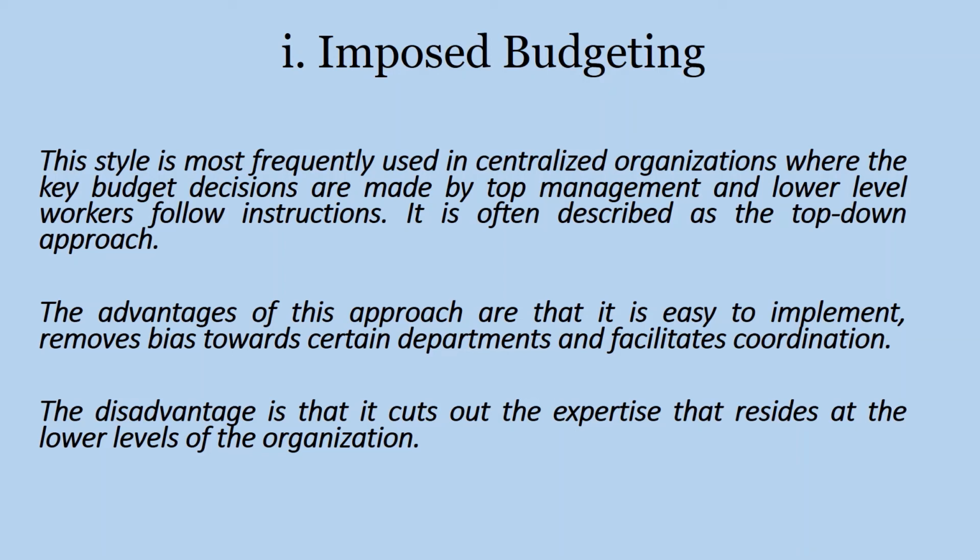It is often described as the top-down approach. The advantages of this approach are that it is easy to implement, removes bias towards certain departments, and facilitates coordination. The disadvantage is that it cuts out the expertise that resides at the lower levels of the organization.